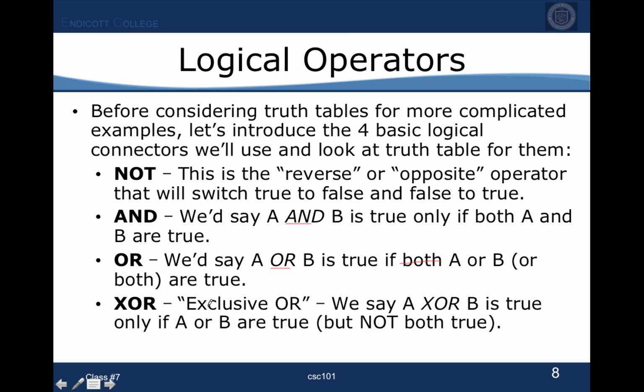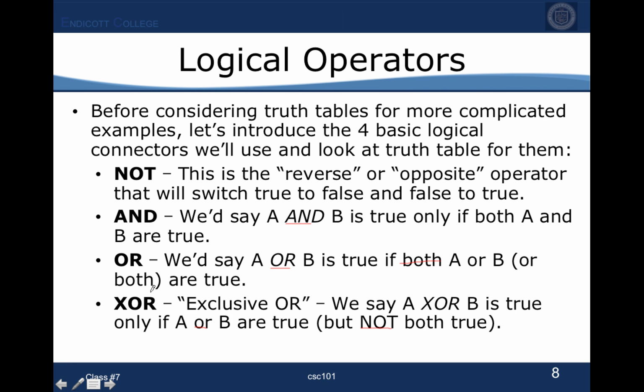The only kind of stranger character here is what's called exclusive or, usually pronounced just XOR. So what's true about that? Maybe the name is suggestive, right? Exclusively or, meaning when is A XOR B true? Only if A or B is true, but not both.